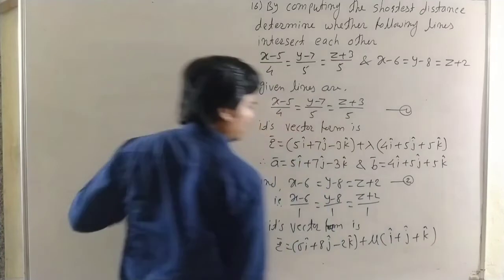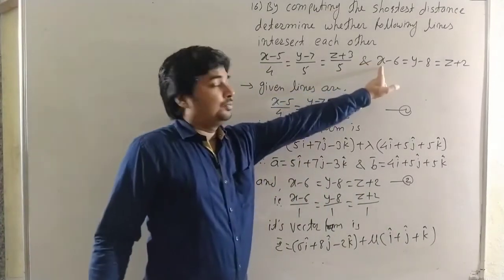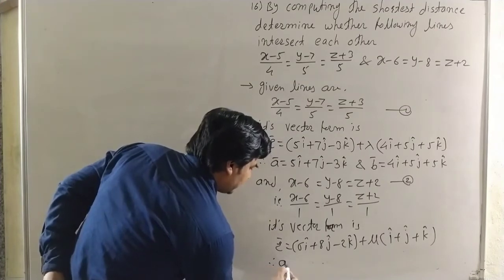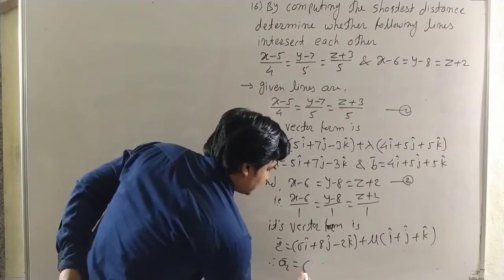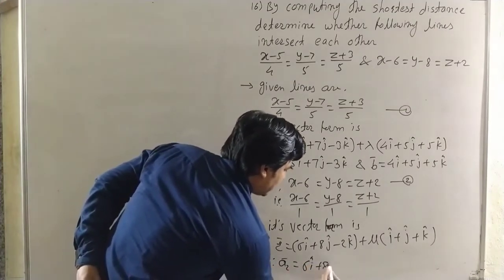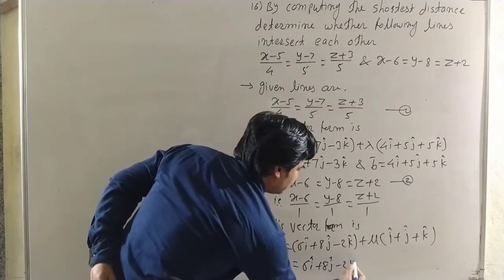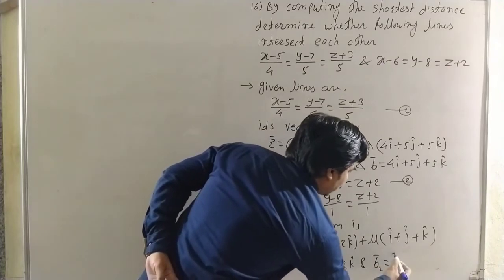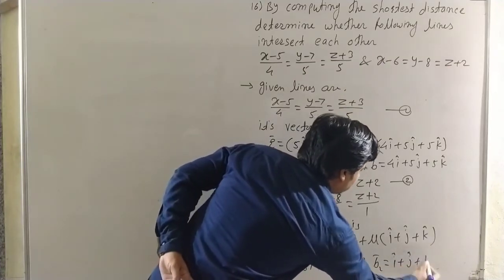Therefore a2 bar is equal to 6i cap plus 8j cap minus 2k cap and b2 bar is equal to i cap plus j cap plus k cap.